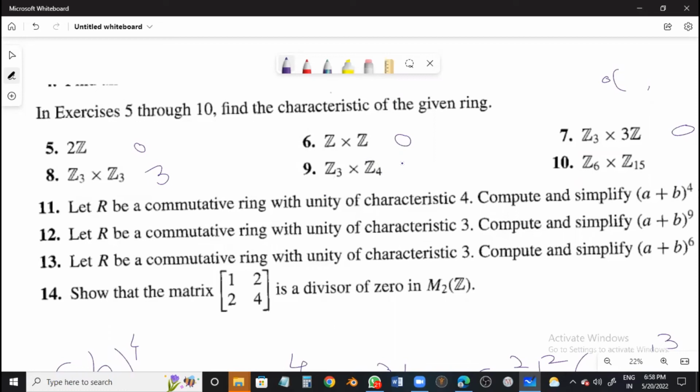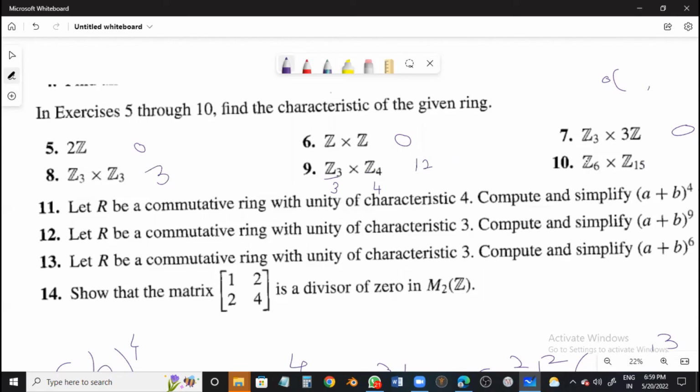As far as Z3 is concerned, its characteristic is 3, and for Z4, the characteristic is 4. How would you combine these? 12. You need to take the LCM of these two, 12. 12 times the number will certainly be 0.